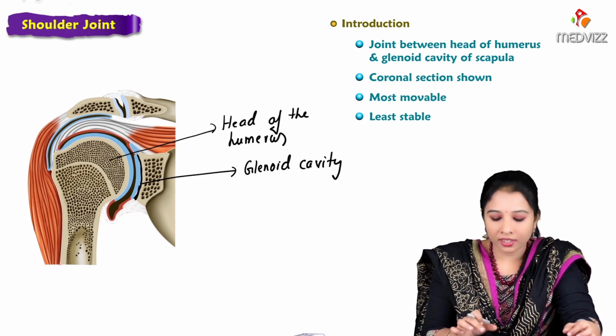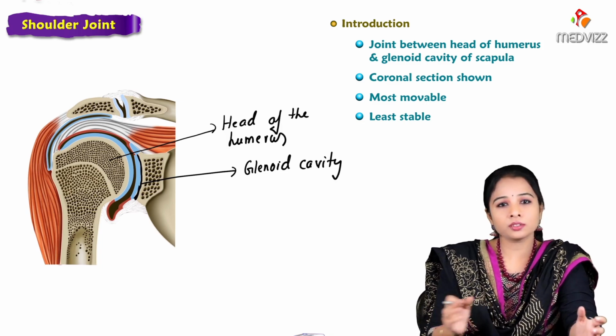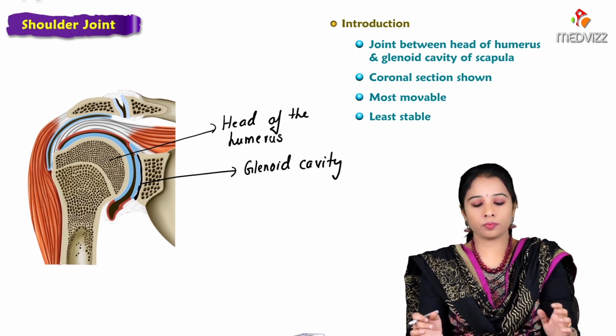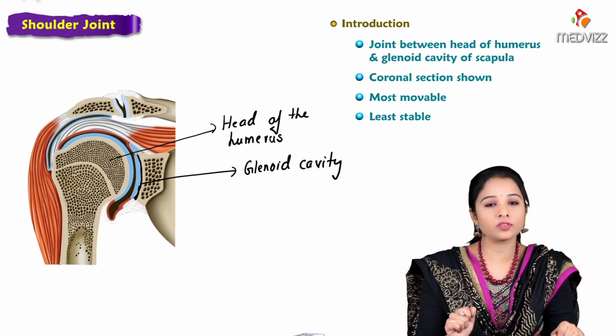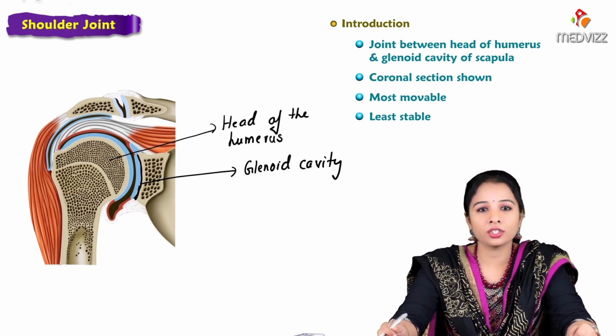The glenoid cavity is a part of the scapula, and the head of the humerus is part of the upper end of the humerus. If you see these two parts, the head of the humerus is quite large compared to the size of the glenoid cavity. That is the reason it is prone to dislocations.